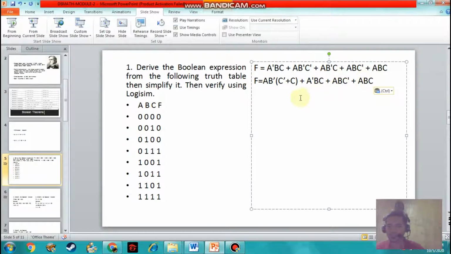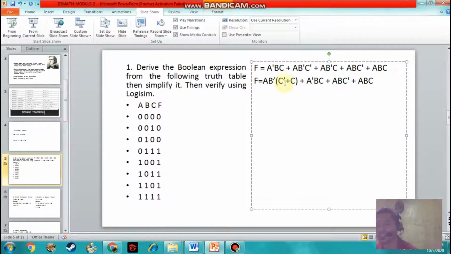Yan. Okay? Next. Kung makita natin dun sa theorem natin, check natin pag C prime plus C, anong sagot? So, mag-apply na lang tayong value. Kung 1 to, 1 prime is 0. 1 ito. Di C pa rin. Kung 0 to, prime natin 1. Ito 0 to.